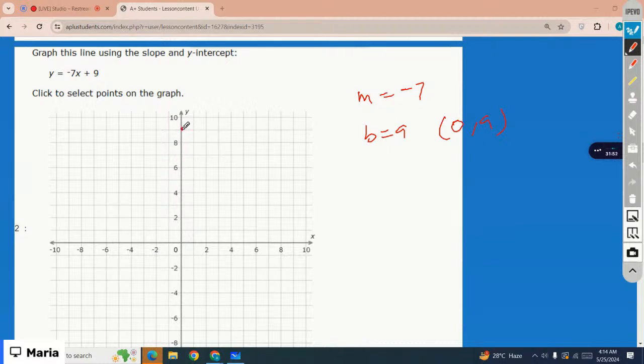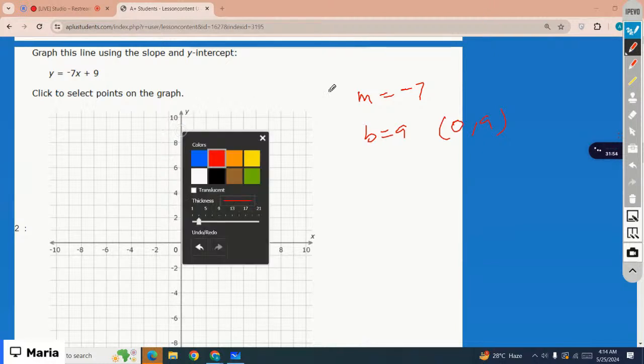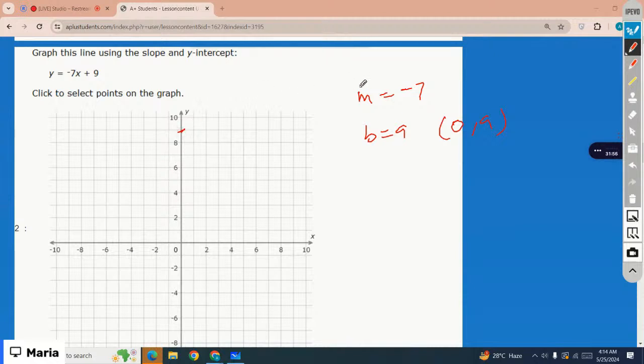So here you are. Now negative 7 over 1. That means you need to move right 1 point and 7 down. So you are here. You just have to join these 2 points and make a straight line. Got it?